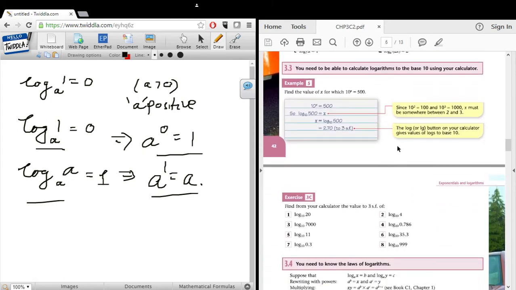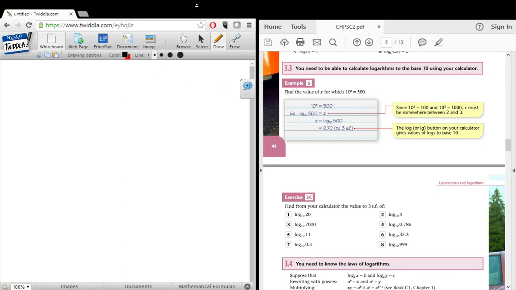3.3. You need to be able to calculate logarithms to the base 10 using your calculator. So on your calculator, if you look at the buttons, you'll sometimes notice that you'll get this 10^x, but also the log button, and the log button pretty much takes the assumption or has a hidden 10 there, okay?